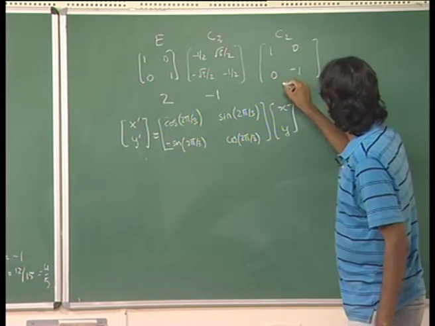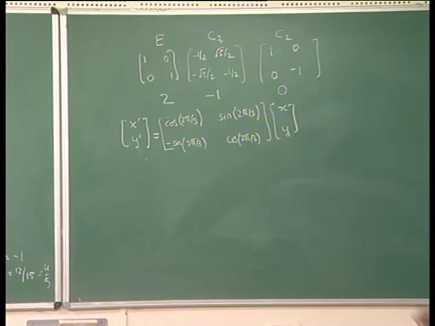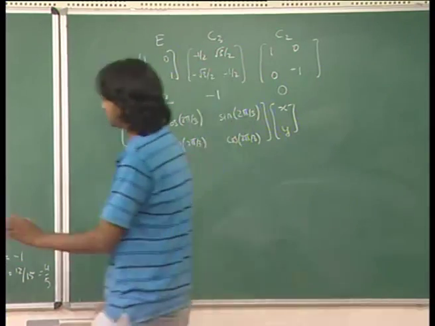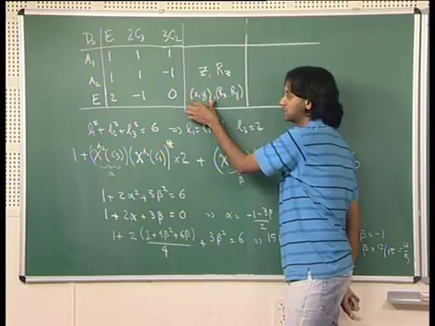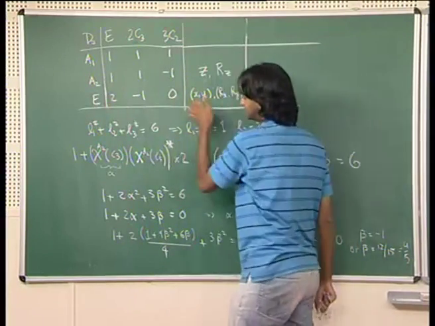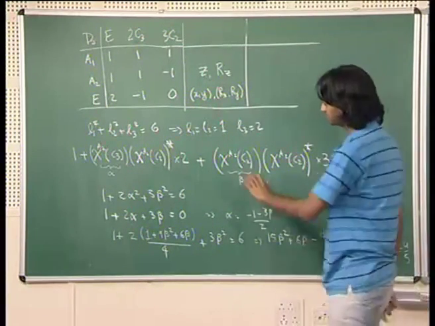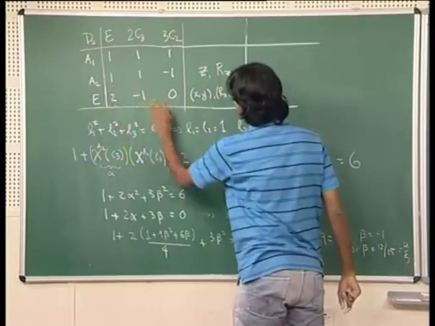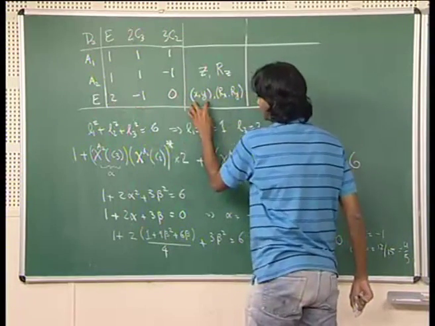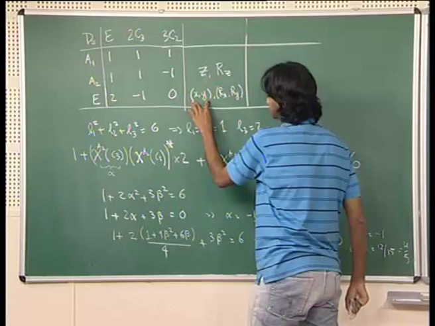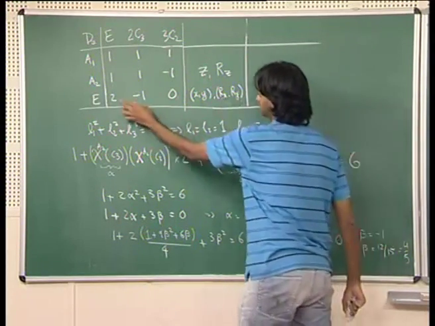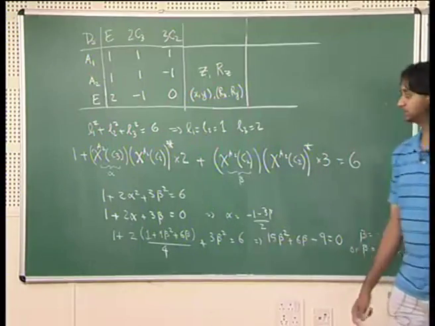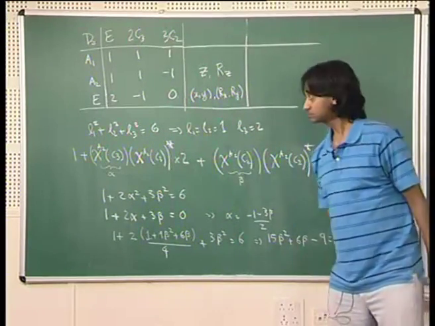So, the trace of this is 0. Okay. So, what this means is that a two dimensional vector x y will transform exactly like this representation. Okay. So, this representation is how a two dimensional vector x y transforms. Similarly, Rx, Ry, these rotations will also transform according to these, with just these characters.